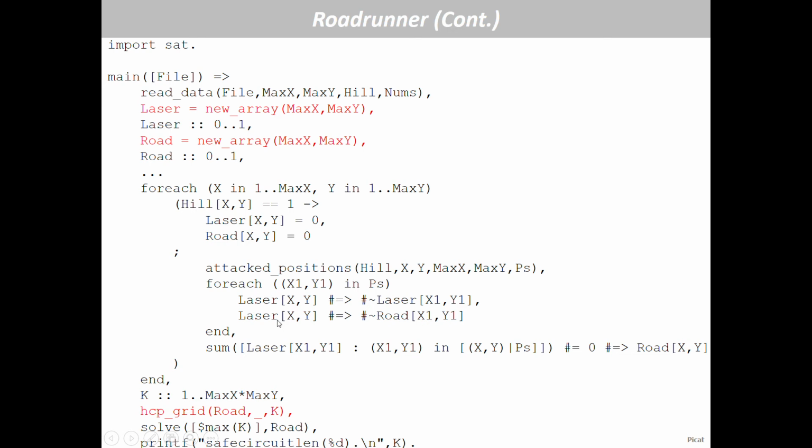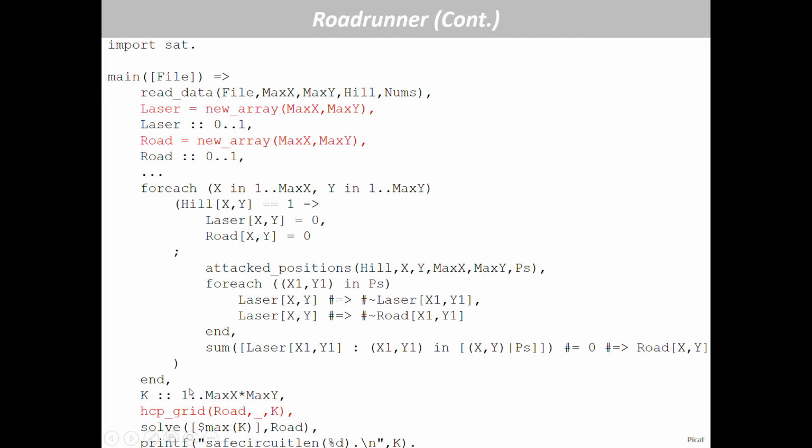If there is a laser kit installed at XY, then the cell X1, Y1 cannot be safe because it is attacked. There is also a constraint that says if no laser kit is installed at XY or any of the attacked positions, then the root XY is a safe cell.